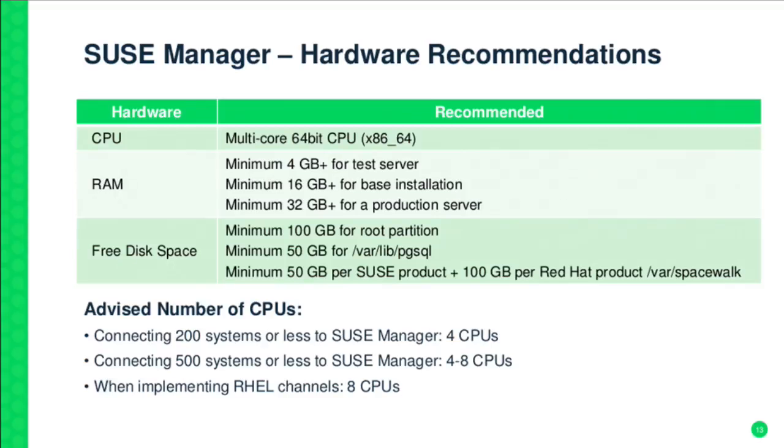Also, the disk space is important. There are some channels that will require a lot of disk space. We will talk about how to manage CentOS and Red Hat clients in another session. And that particular Red Hat channel has about 25,000 packages currently.